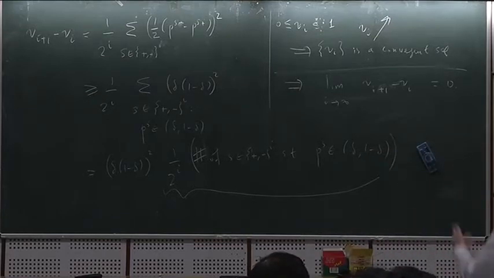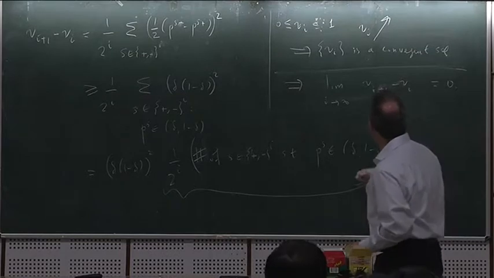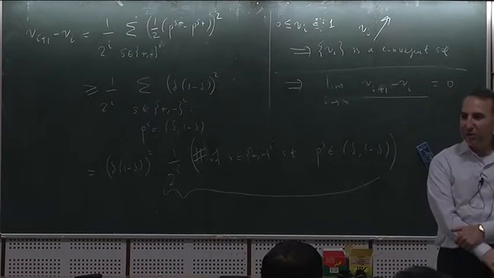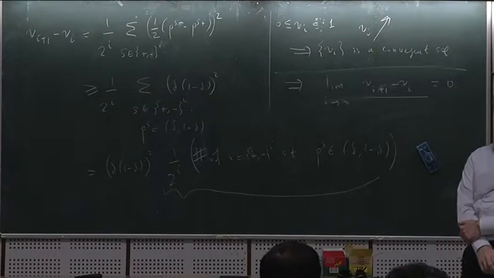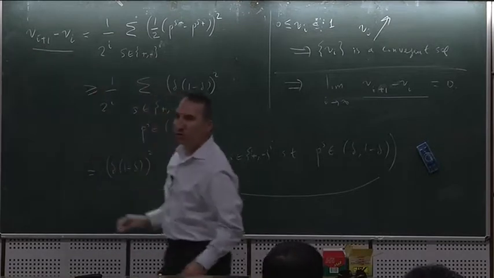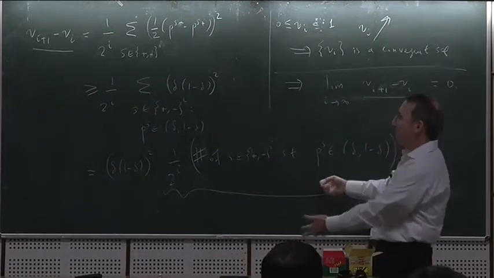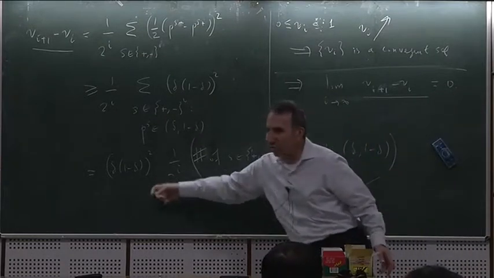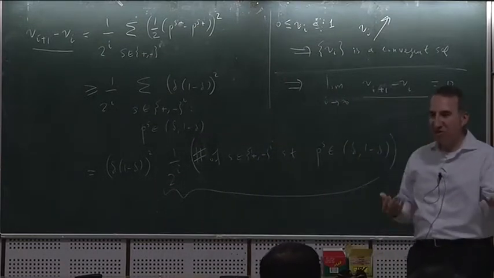Now what we saw is that the difference between nu_{i+1} and nu_i is going to 0. At the same time, we know that this same quantity which goes to 0 is lower bounded by this quantity here. Now this is a constant. If I fix the delta, that's not changing with i.